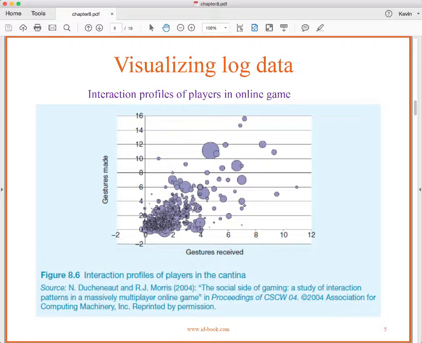And what they're trying to show here is the relationship between gestures made and gestures received, such that not only do we have data points, but we see that the observations have a kind of circle size.